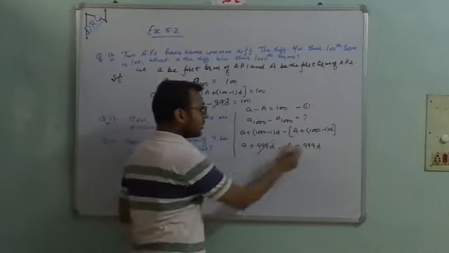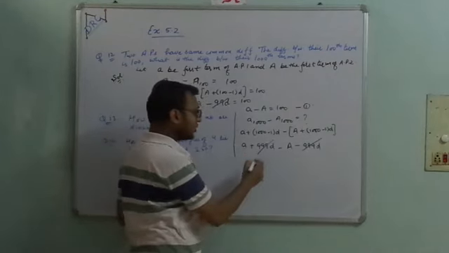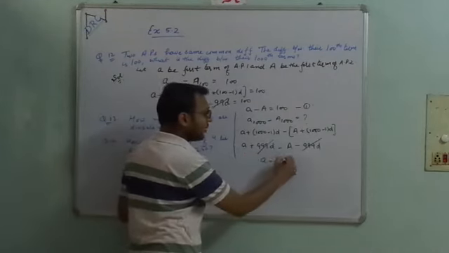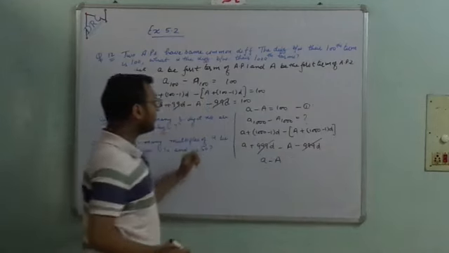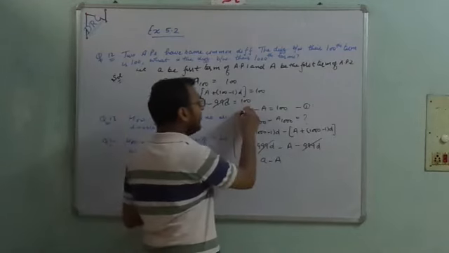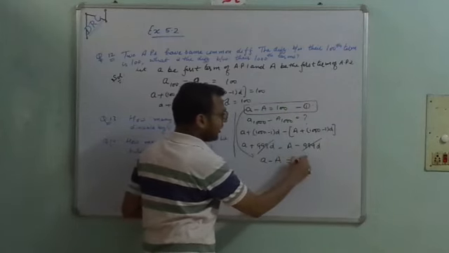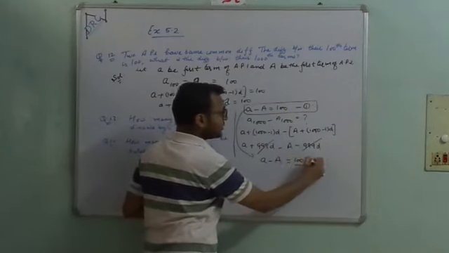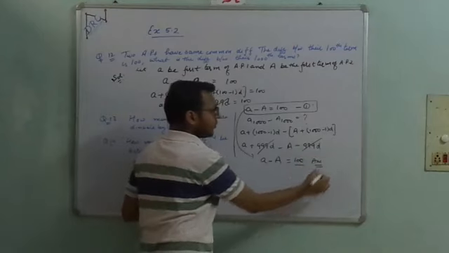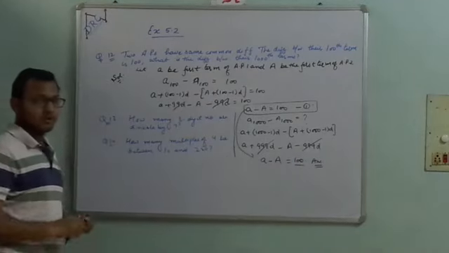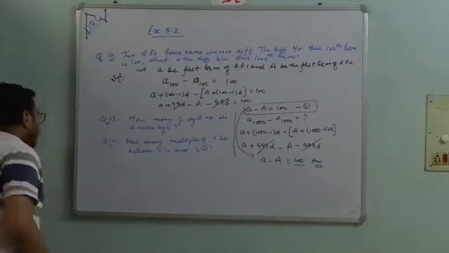So plus 999d and minus 999d will cancel each other. So we are left with small a minus capital A. Now what is the value of small a minus capital A? That is 100. So the answer is 100. Okay students. Now move to the next question.